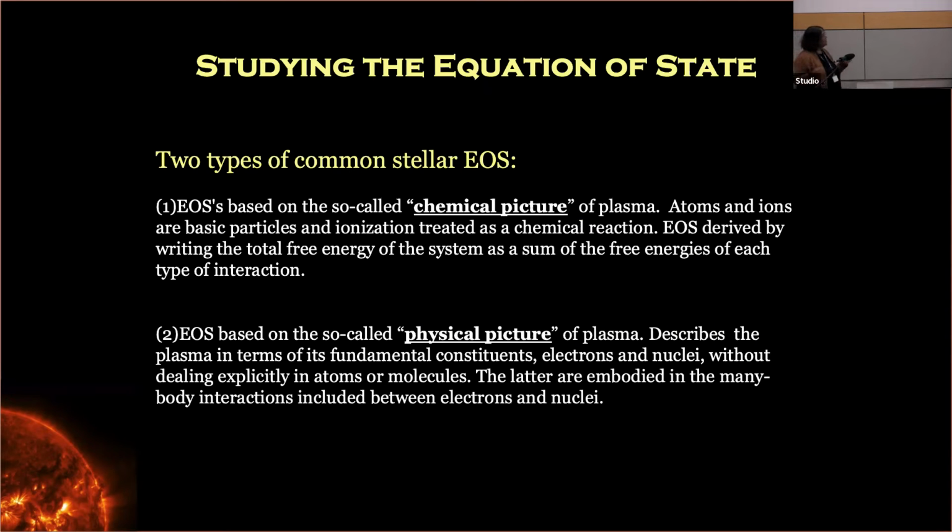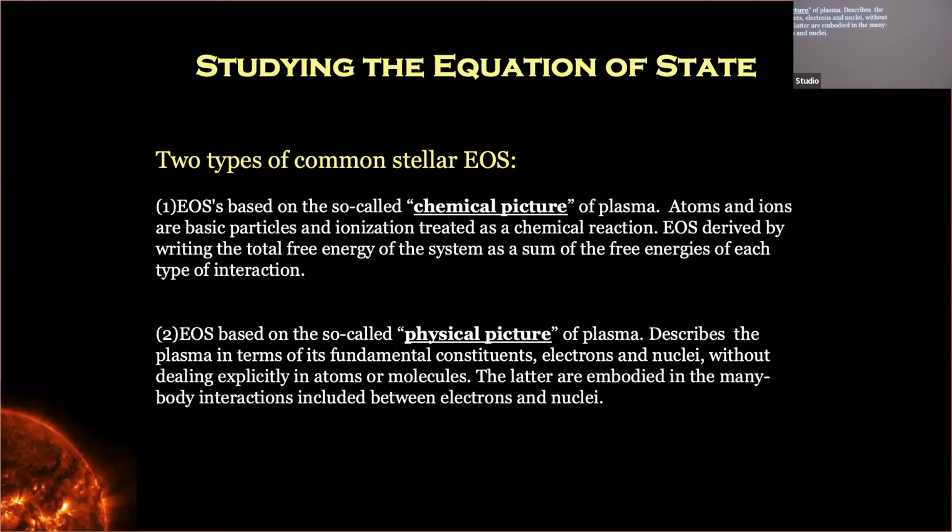One is the so-called chemical picture of the plasma, where atoms and ions are considered to be basic particles, and their interaction can be written as a chemical reaction. The next is an equation of state based on the so-called physical picture, where you basically deal with fundamental particles, electrons and protons and neutrons and nuclei, and their interactions are basically many-body interactions.